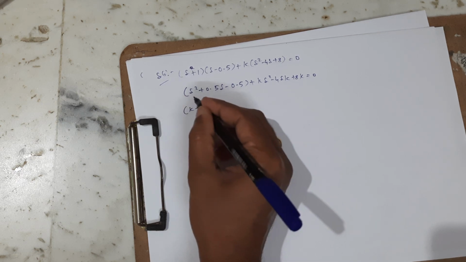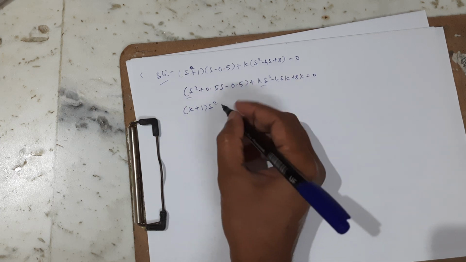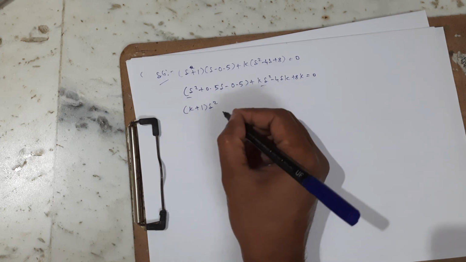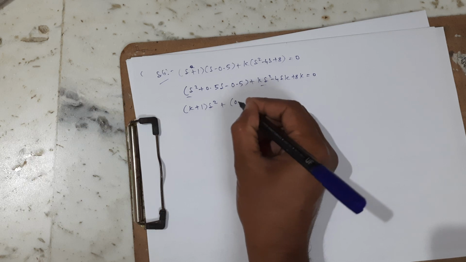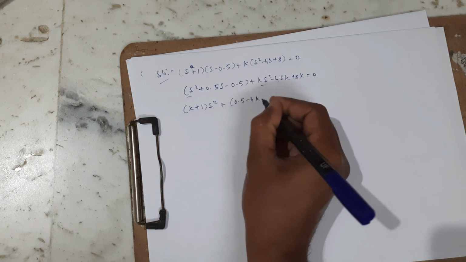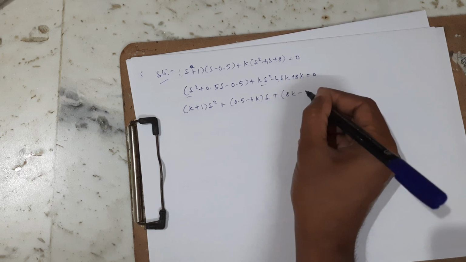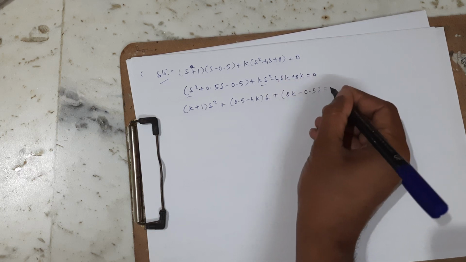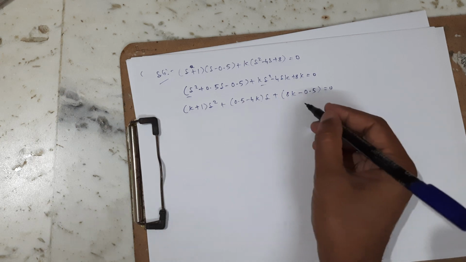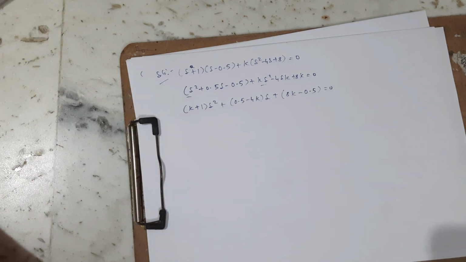The coefficient of s is 0.5 minus 4k. The constant term is 8k minus 0.5, equal to 0. So this is the characteristic equation.